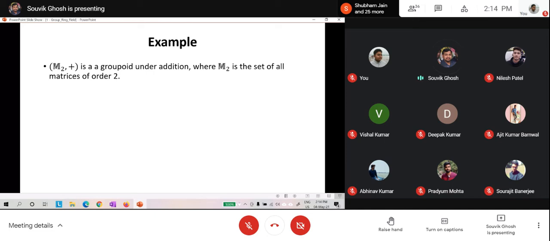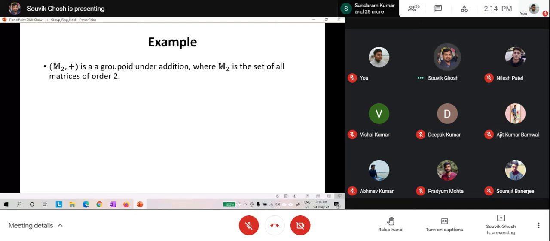So there is one example. Suppose you are given the set of matrices of order 2, and you are given the operation addition, that is, this set M2 along with the operation plus. This is a groupoid. Why is this a groupoid?